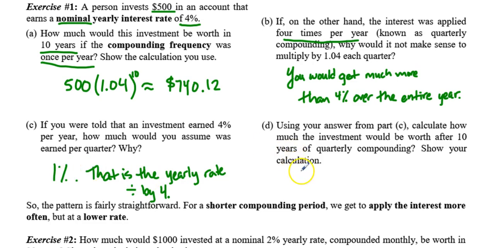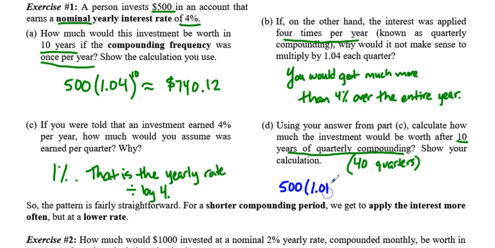Okay? So let's figure out then if we did 10 years compounding every quarter. So that would be basically 40 quarters, right? 40 compoundings. Okay? So let's consider that calculation. You're going to start with your 500 again. But instead of having 1.04, we've got 1.01.